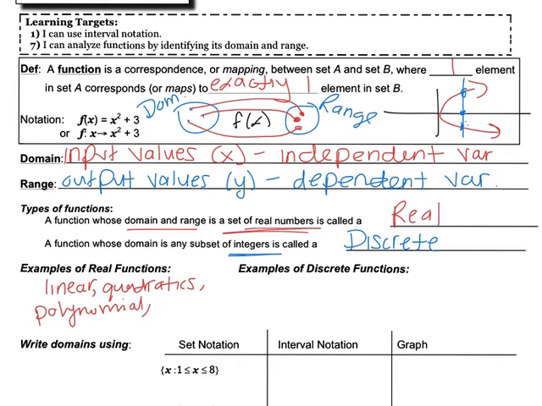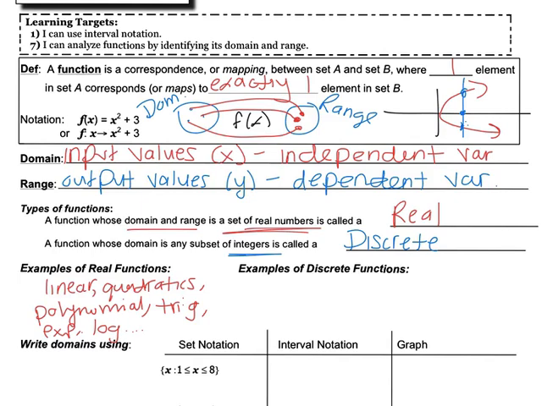Trig functions. I know you're all super happy to hear the word trig. So your sine waves and cosine waves are continuous and real. Also exponential functions and logarithmic functions. These are a lot of what you guys have been looking at over the last couple of years, and those are all examples of real functions.